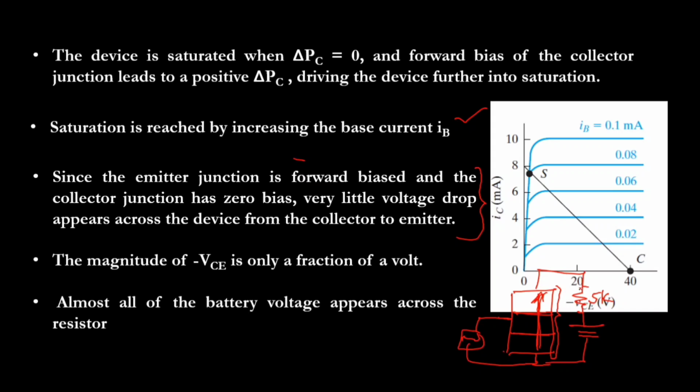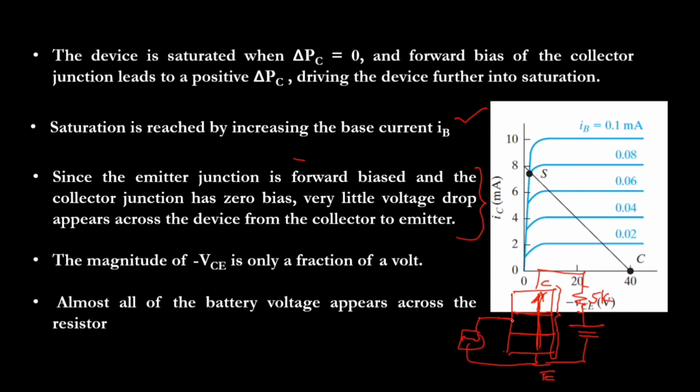The magnitude of VCE, that means the collector emitter voltage, is a very negligible, very small value, so it is completely turned on. Almost all the battery voltage appears across the resistor. That is the behavior of the BJT when we apply a positive pulse to the base.